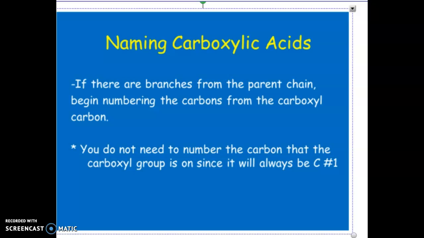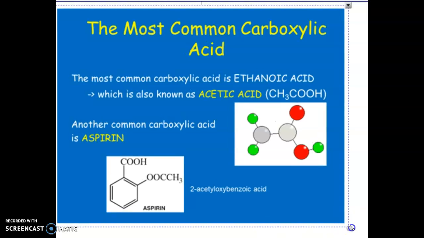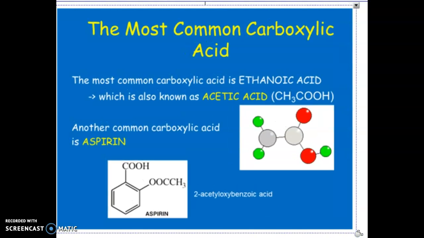Okay, so let's go back to this. So, as I mentioned, we don't need a number for the first carbon in our carboxyl. Now, you're going to start seeing more and more organic compounds being called by their common names. Okay, so we saw that already with cholesterol. A lot of carboxylic acids are also known with their common name. So, for example, ethanoic acid is really also known as acetic acid.